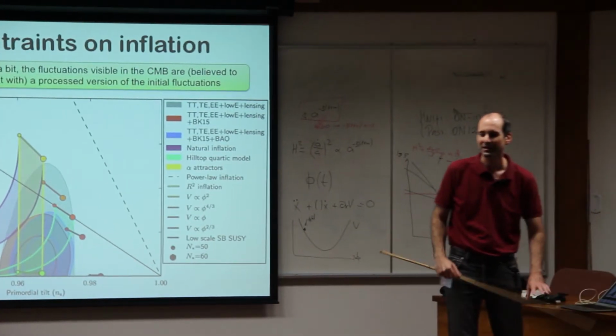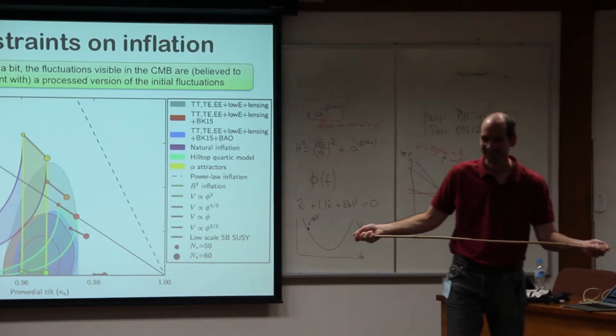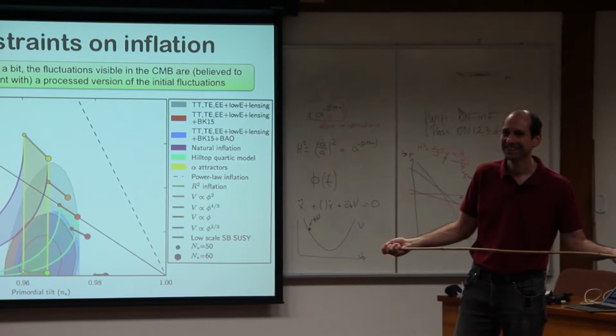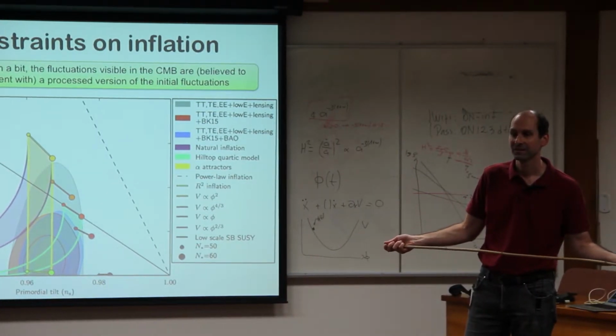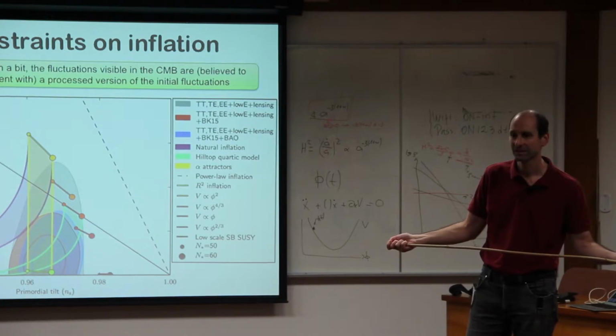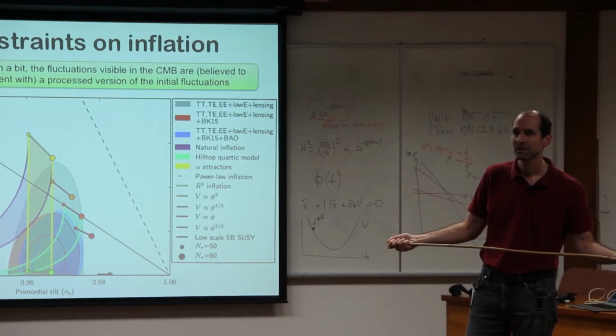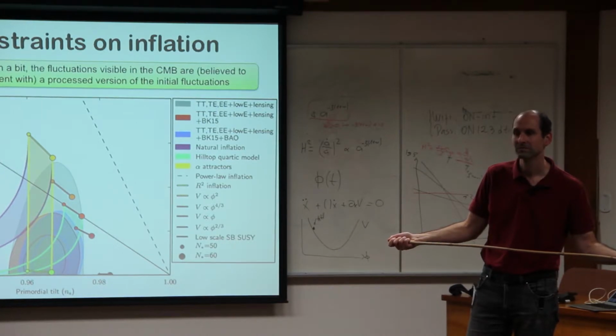Can I ask a question about inflation to end this? So inflation gives us a causal origin of perturbations, right? So we have these problems and so on. It made some predictions that, as you said in the previous slides, are now more or less confirmed.